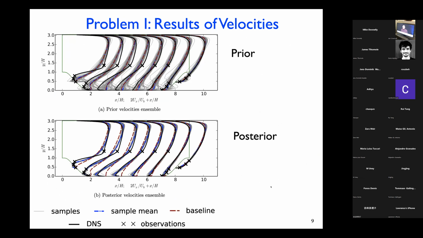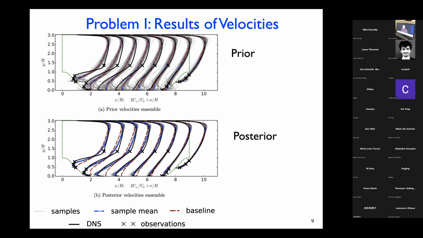Okay. So after introducing the general methodology of this work, let's take a look at the performance of this method. So in this slide, I present both the prior and posterior results for the solved velocities at several vertical profiles. And here, the red lines represent the baseline RANS results.